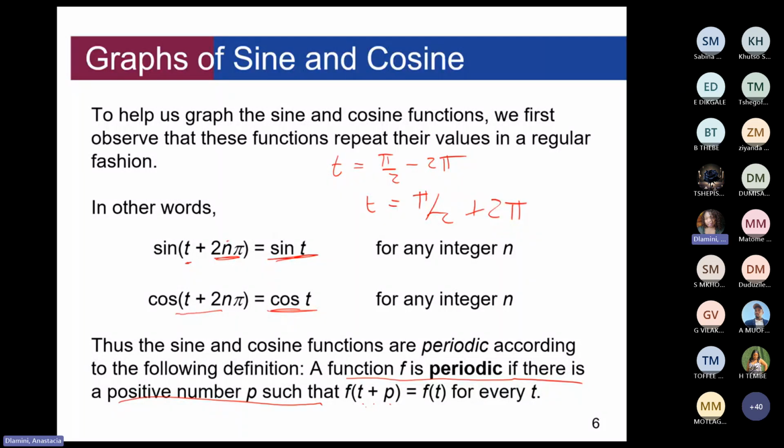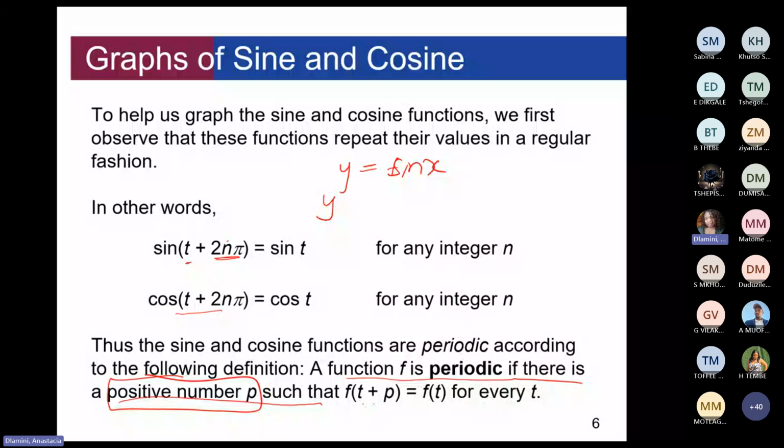So they are saying that if I have a function, for example, like y equals sine of x, right? If I put a value p, a positive number, you see here they're saying a positive number, sine of x plus 2 pi, and we know that sine of x plus 2 pi is the same as sine of x, right?